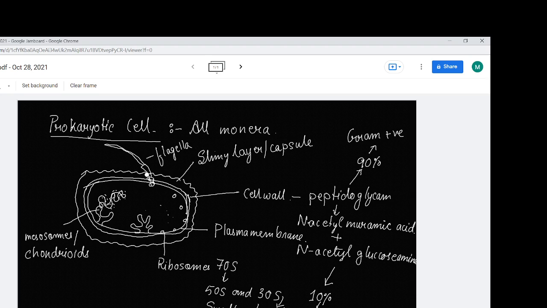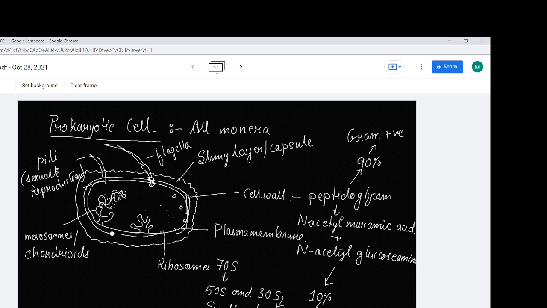Then, as I have told you, there can be flagella, and there can be some small hair-like structures called pili. Pili are responsible for attachment of one bacteria to another bacteria during sexual reproduction or conjugation.